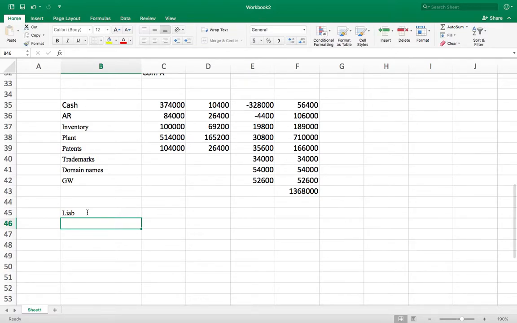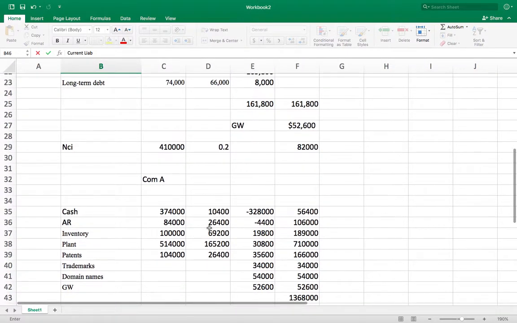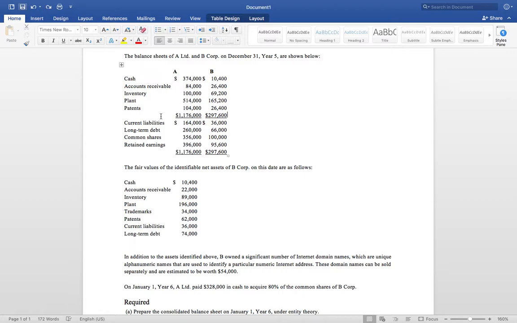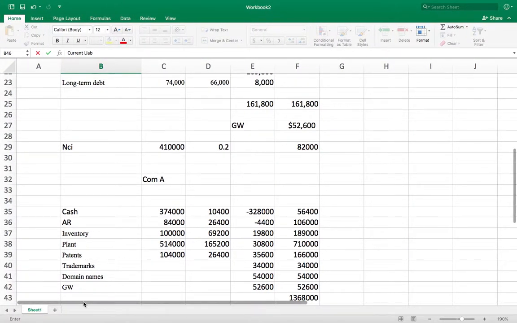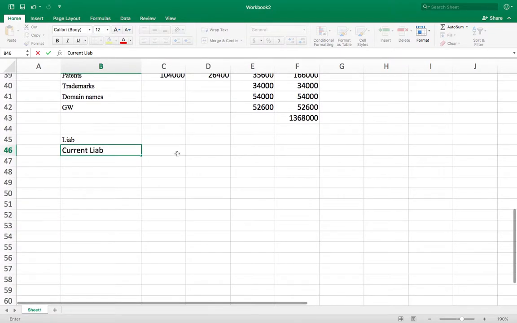First, we're going to put current liabilities. Current liabilities are 36,000, and there is no difference, so it is only 36,000.